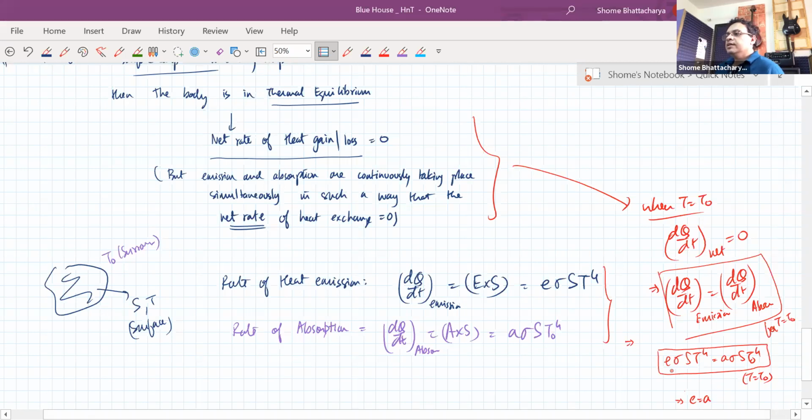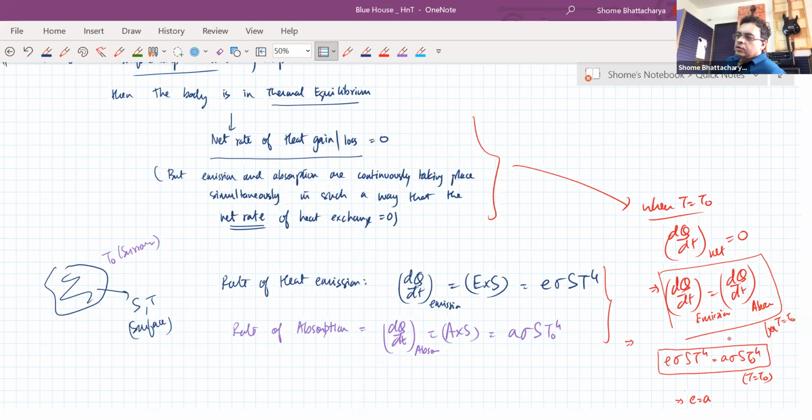See, understand one thing: emissivity and absorptivity are material properties. So if we want to check the relationship between the emissivity and the absorptivity of a given material, we can check it in the condition that the surrounding temperature is equal to the surface temperature. The value of emissivity will not change if I change the temperature of the body.